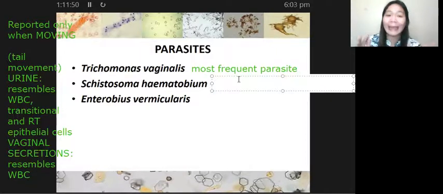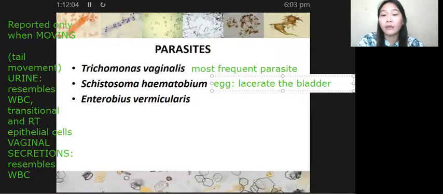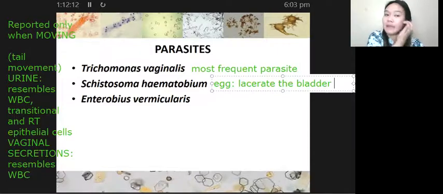So it can lacerate, yes, the egg. It can lacerate the urinary bladder wall. So yung linings ng urinary bladder natin, it may be lacerated by your Schistosoma hematobium.